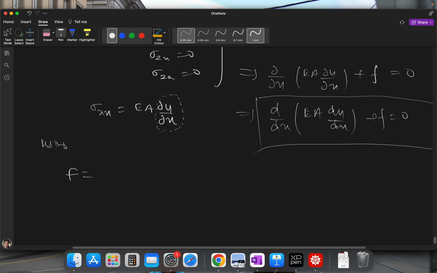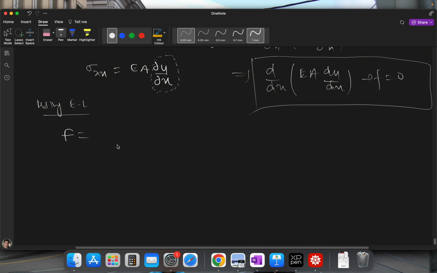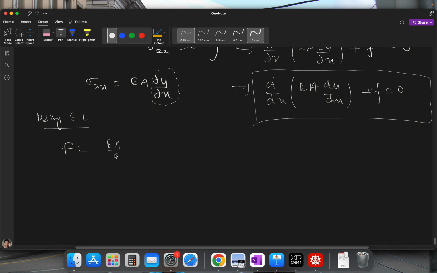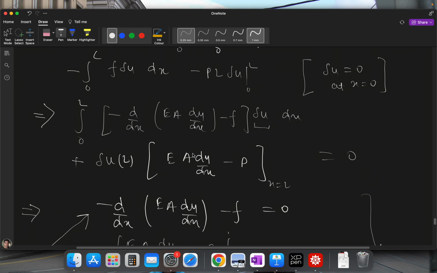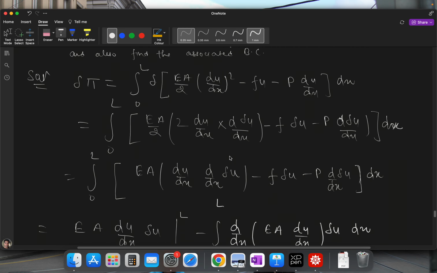F is EA by 2 (du by dx) square, bracket close, minus fu, minus p du by dx.